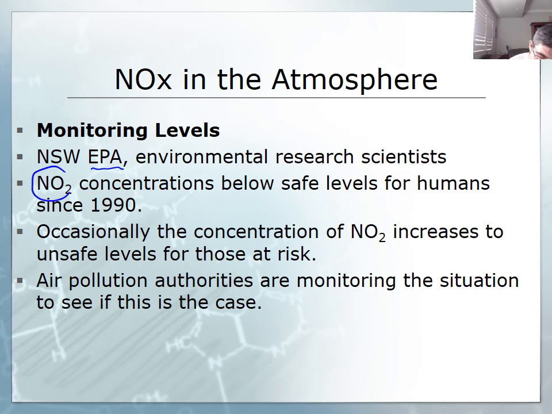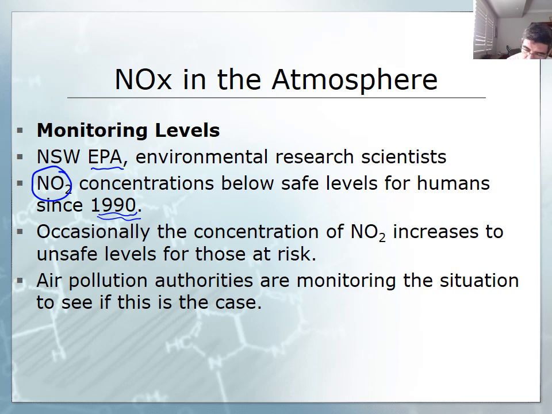The nitrogen dioxide levels have maintained a fairly consistent level underneath that safe range since 1990. So for some considerable time we've understood the impact of oxides of nitrogen, and particularly nitrogen dioxide, and have been trying to make sure that we keep those underneath the levels that are safe for humans.